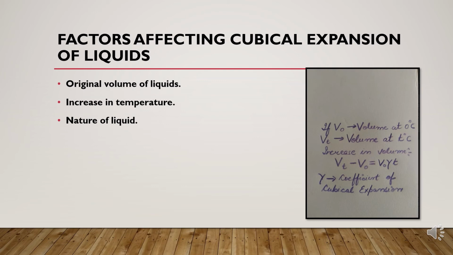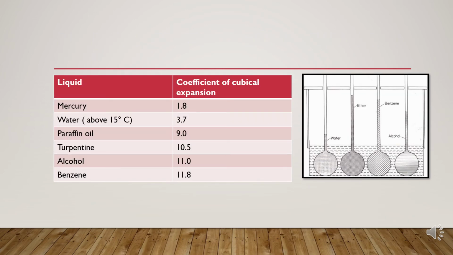Increase in the volume was final volume minus initial volume, that is Vt minus V0, that is equal to V0 gamma T. Now what is gamma over here? Gamma represents the coefficient of cubical expansion. The value of gamma, children, is different for different liquids.